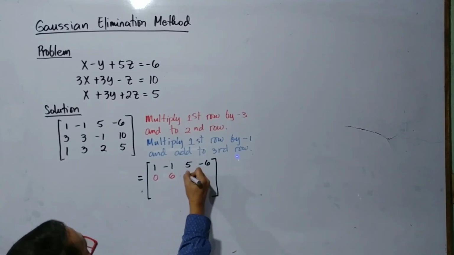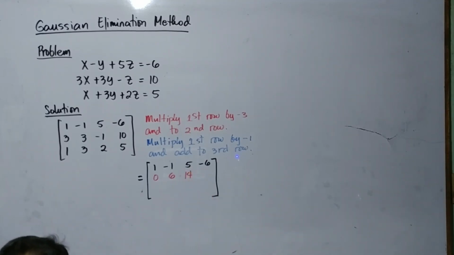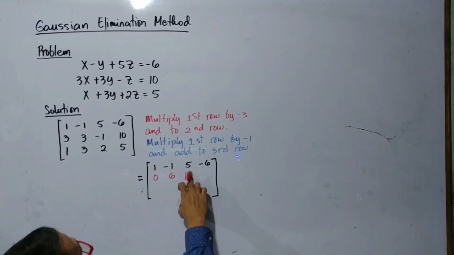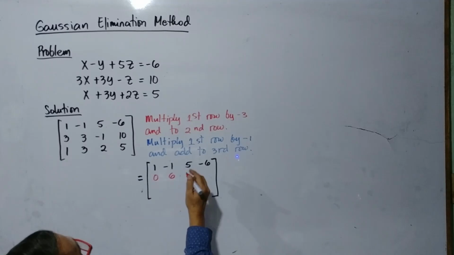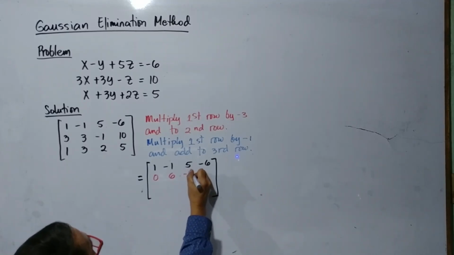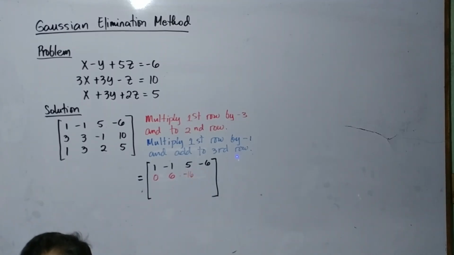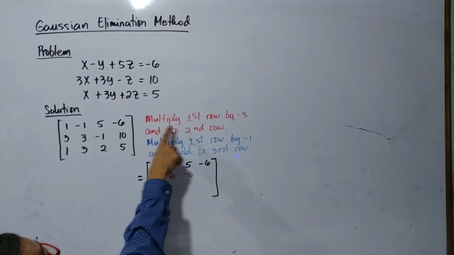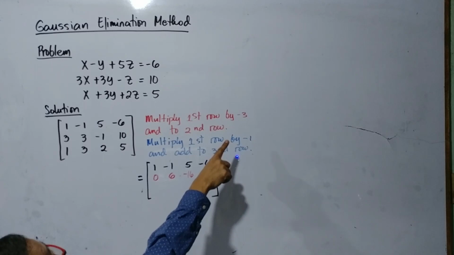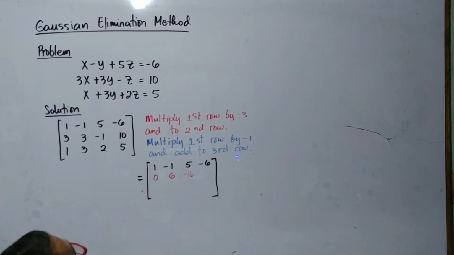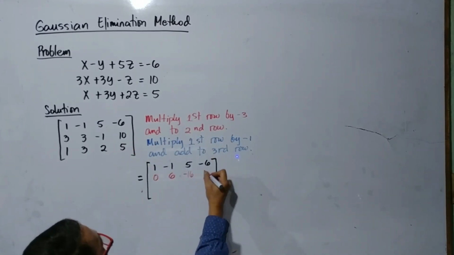Minus 1, it is negative 16. Next. Negative 6 times negative 3, positive 18, plus 10 equals 28.